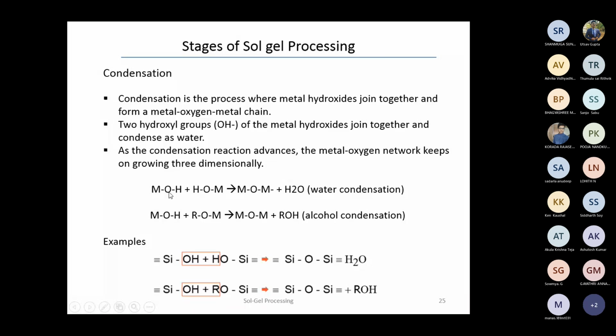In this molecule there was one M, but now there are two metal atoms, so condensation is happening. For example, SiOH, this hydrolyzed product, and then SiOSi formation occurs. Similarly, with SiOH and ROSi, in this case also SiOSi formation occurs.